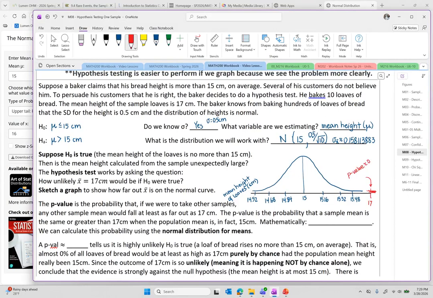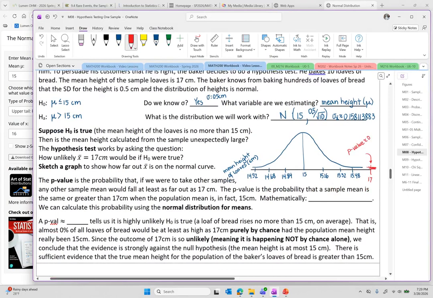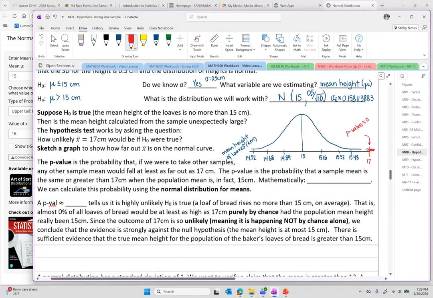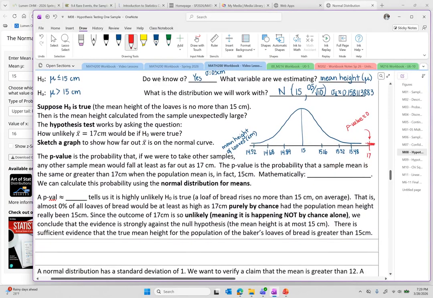So the p-value is the probability that if we were to take other samples, any other sample mean would fall at least as far out as 17 centimeters. And the p-value is the probability that the sample mean is the same or greater than 17 centimeters when the population mean is in fact 15 centimeters.